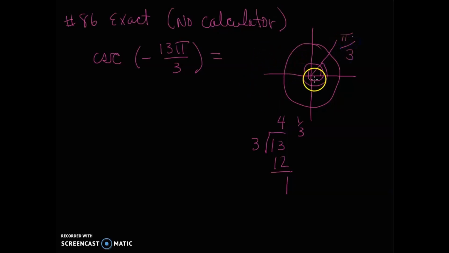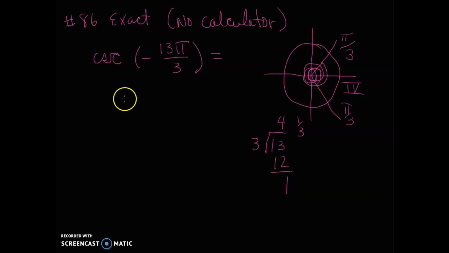So the reference angle is pi over 3. And what you'll find is, this is going to be negative. If it was positive, it would be that. Since it's negative, it would be going clockwise, and the 1/3 would be here. But the reference angle is still pi over 3. It's just now in the 4th quadrant instead of the 1st quadrant.